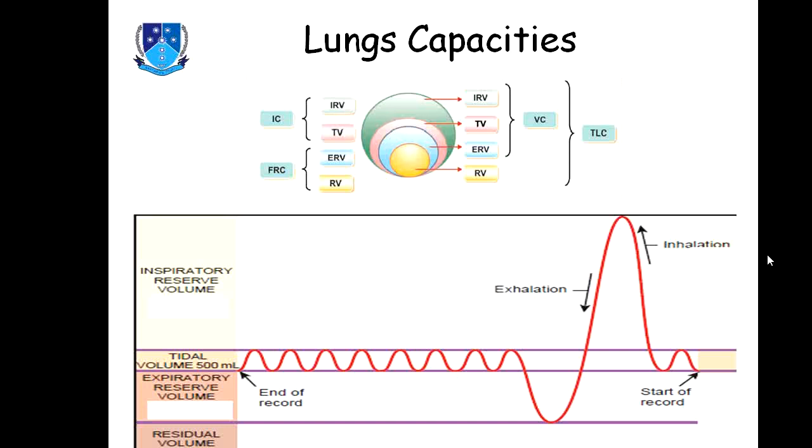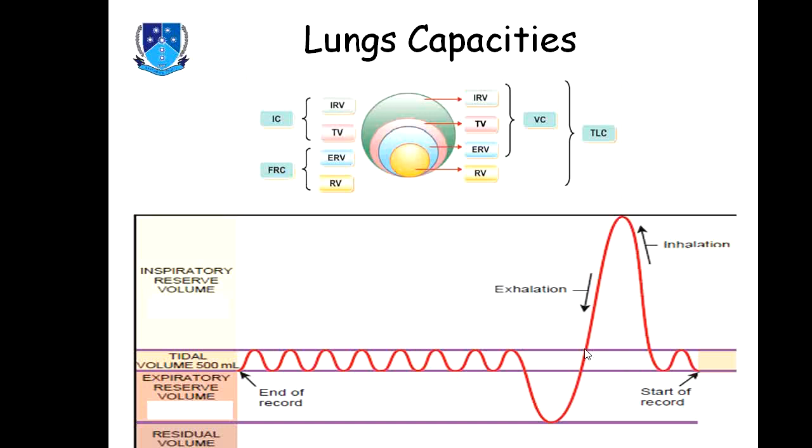Once again, you can look at this graph. This is the tidal inhalation, you can also call it inspiration. This is the tidal inhalation, this is the tidal exhalation, this is the tidal inhalation. From this point to this point is the inspiratory reserve volume, that is 3.3 liter.